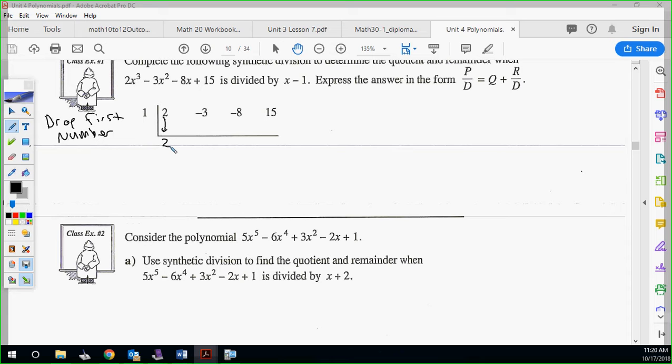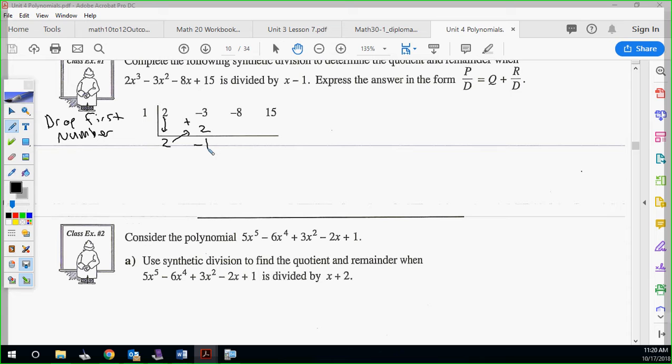Now we multiply. We go 1 times 2 and put it in the next box. Now we add. We add -3 plus 2 for -1.